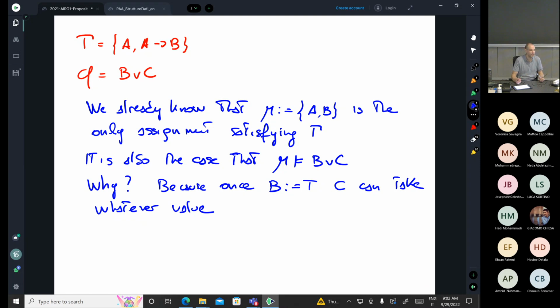So this is less obvious, but it's still true. So A and A implies B logically entails B or C, because this is what the definition says. All the assignments that satisfy gamma also satisfy phi.